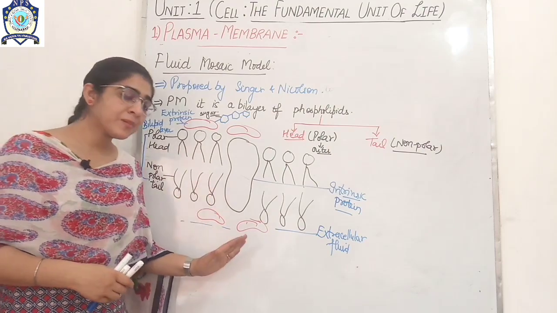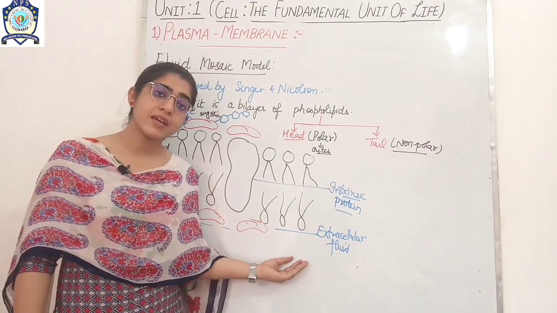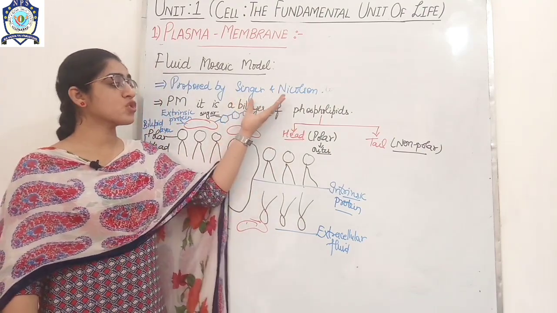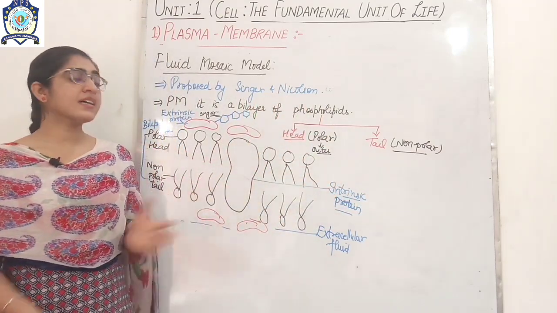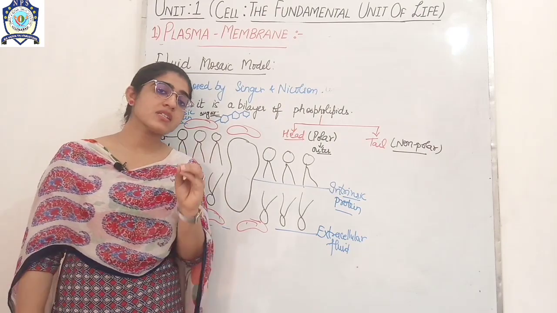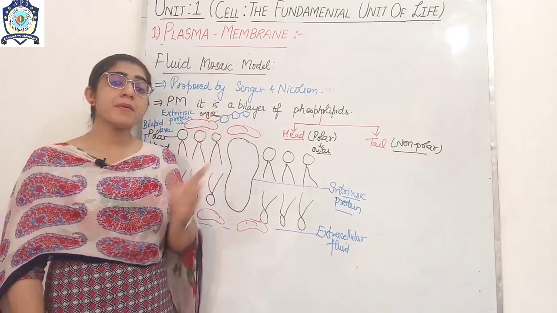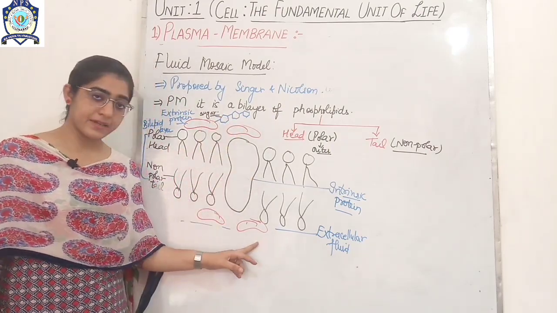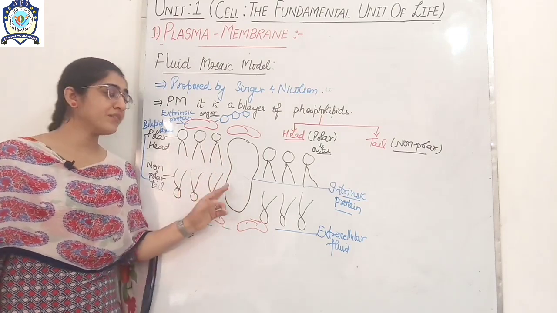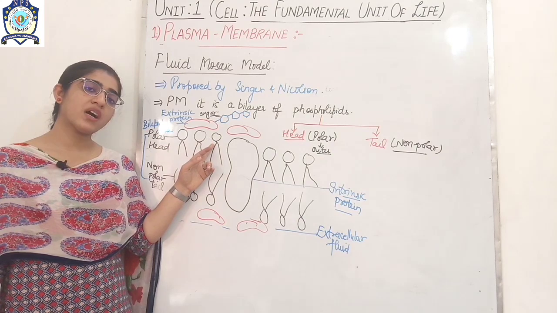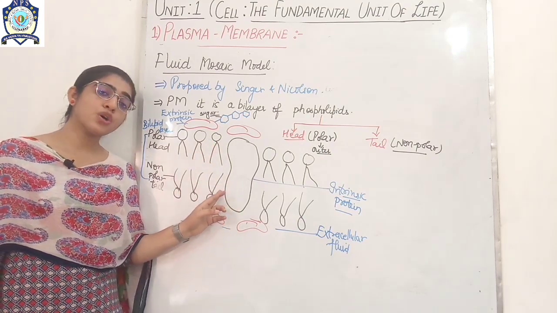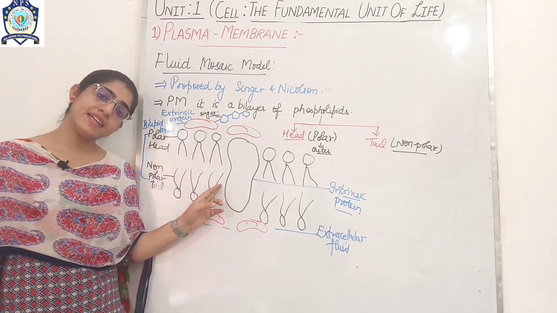So again I am repeating, what is the fluid mosaic model? It was proposed by Singer and Nicholson. And Singer and Nicholson, they proposed that plasma membrane is a bilipid layer. Bilipid layer means in which the head, which is polar in nature, is directed outward, and the tail, which is non-polar, is directed inward.